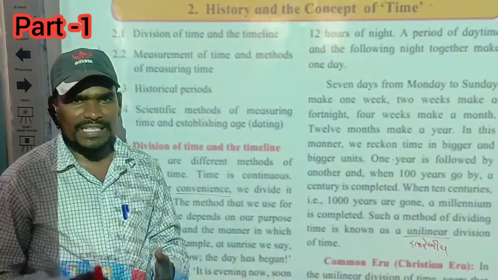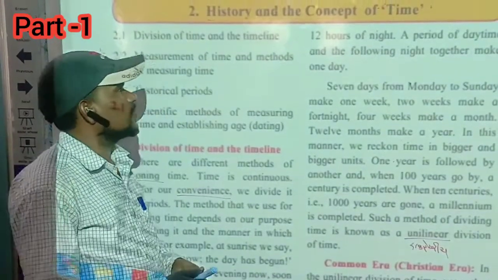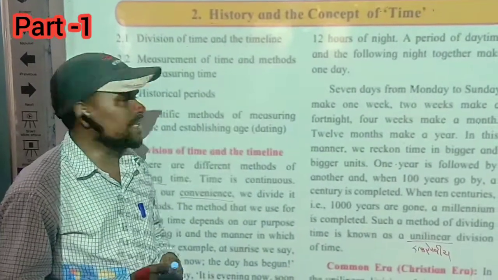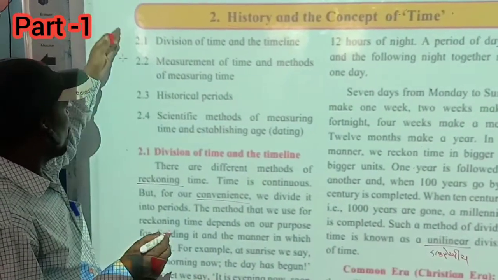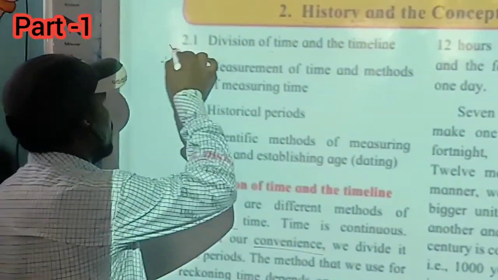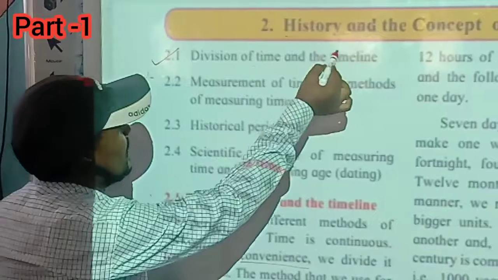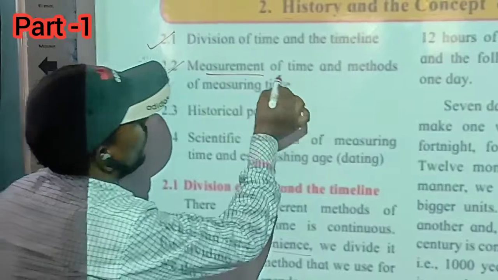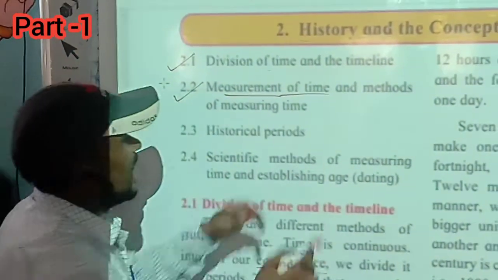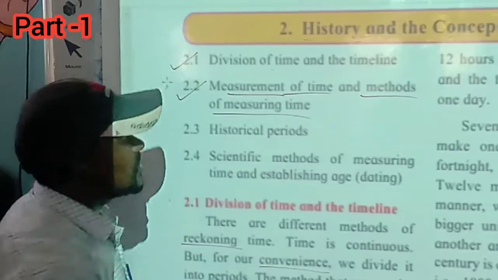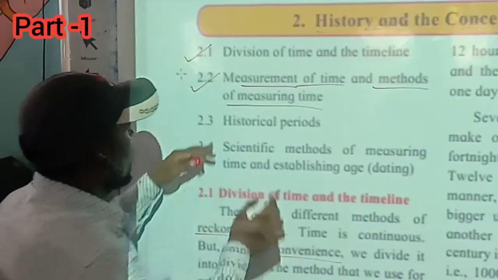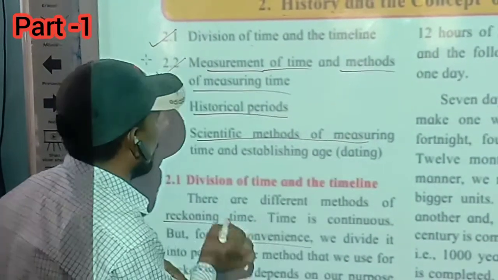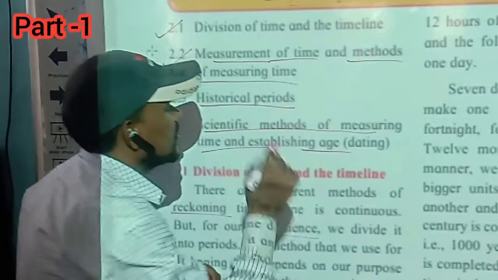My dear friend, in this particular chapter, I am going to explain history and the concept of time. Second chapter of 5th standard history. In this chapter, we have to study 4 points. 2.1 division of time and the timeline. 2.2 measurement of time and methods of measuring time. 2.3 historical periods and 2.4 scientific methods of measuring time and establishing age.